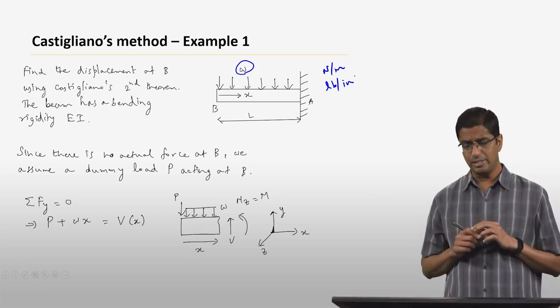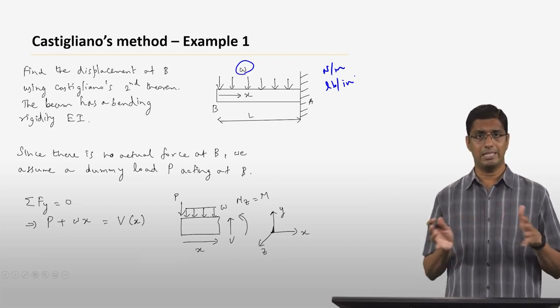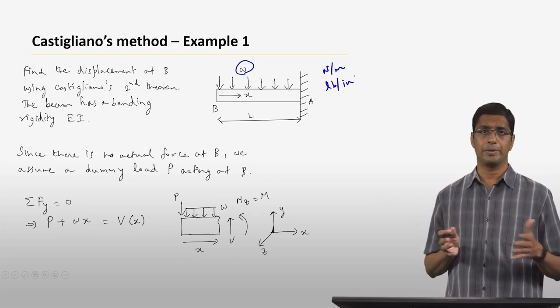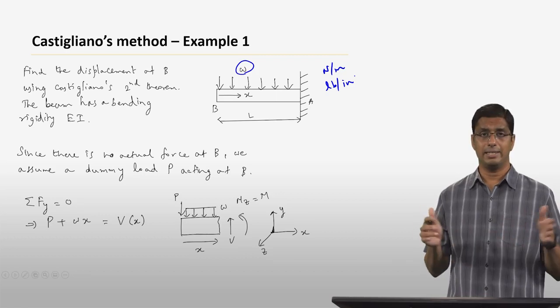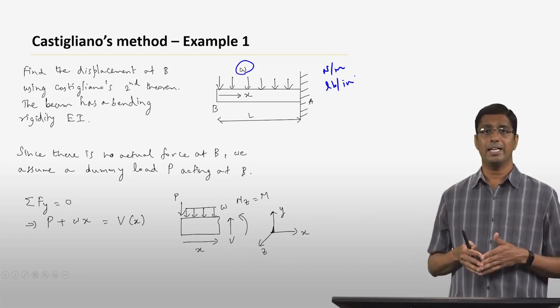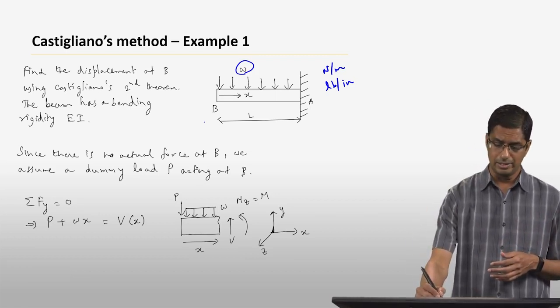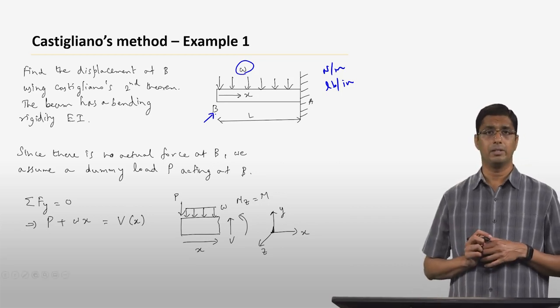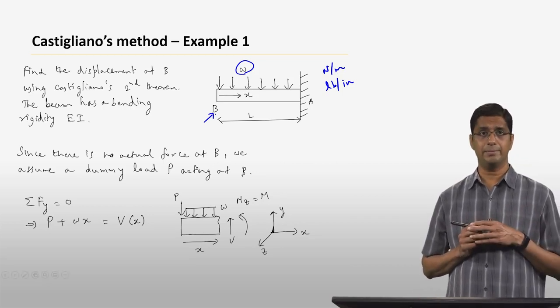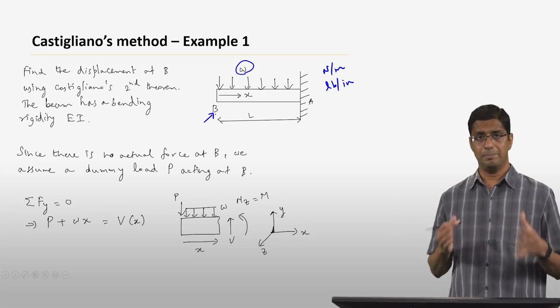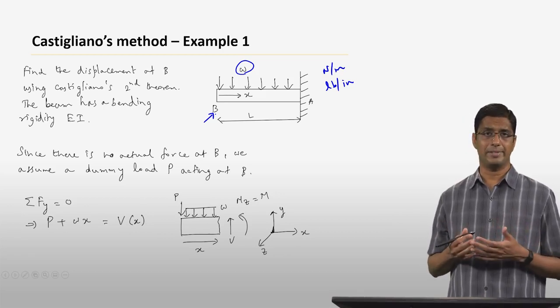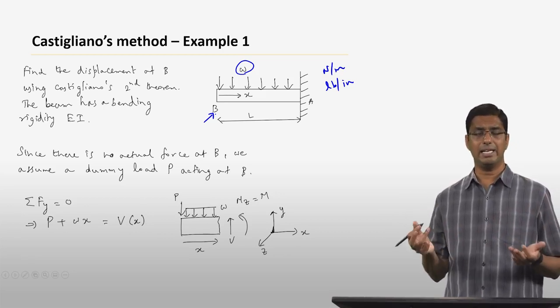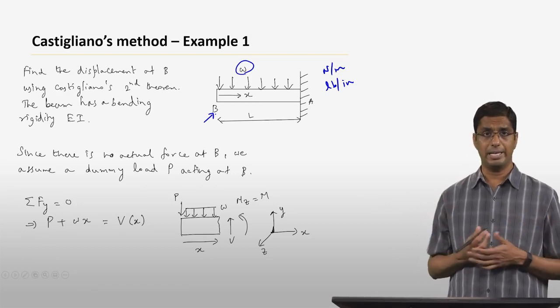Okay, so in this case, you have a beam that is subjected to a force per unit length W, and the length of the beam is L. We are asked to find out what is the displacement at this tip B, okay, using Castigliano's second theorem. And we are also given that the bending rigidity of the beam is E times I. E is the Young's modulus, and I is the area moment of inertia.